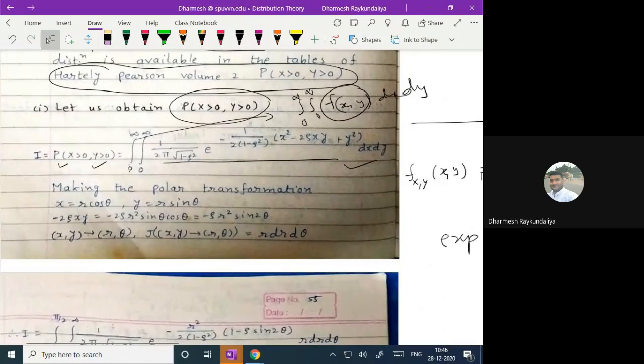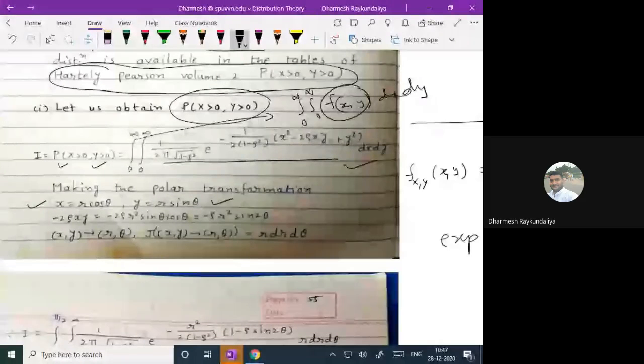Now I wish to use a polar transform because I wish to find the integration of this. So I will assume that x is equal to r cos theta and y is equal to r sin theta. That means I am using the polar transformation.